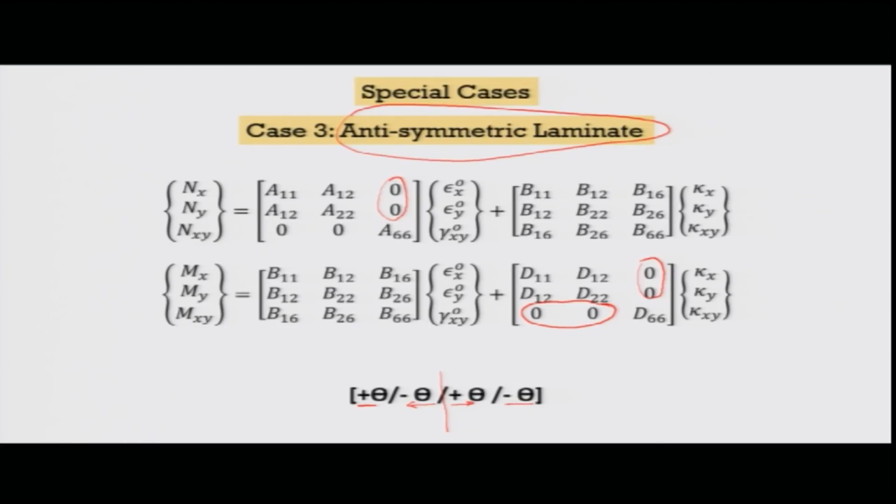So, in the antisymmetric laminate we are having two things which are not possible. One is that normal stretching is decoupled from shear. So, this is absent, and what else is absent? That is the torsion decoupled from bending.